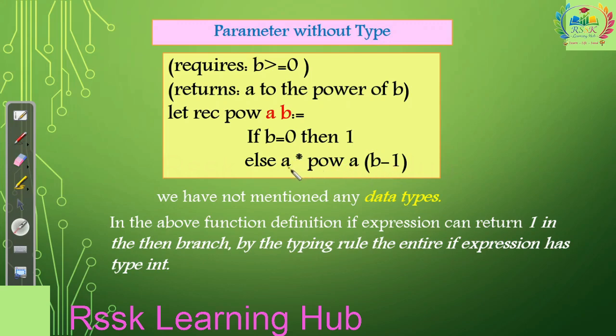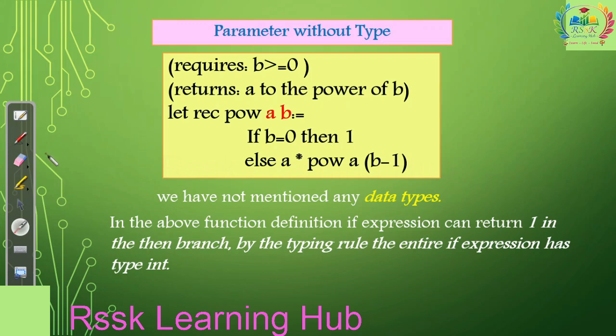What is this one? See, a asterisk. Asterisk means it will multiply. The a value is multiplied by a to the power of b minus 1. This example is for finding the power value.